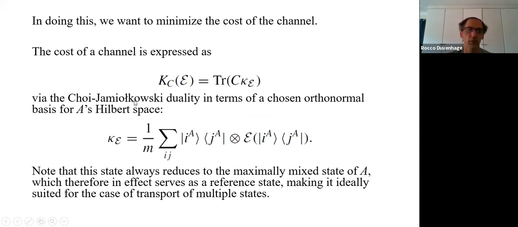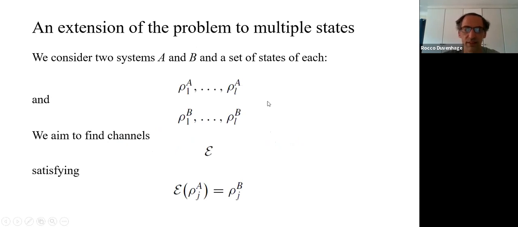The reason I'm using the Choi-Jamiołkowski duality is in part because the state always reduces to the maximally mixed state of A. To be more precise, this is a duality between channels from A to B and states of AB reducing to the maximally mixed state of A. So it's a specific case of the duality between states and channels, but it's convenient because this maximally mixed state essentially serves as a reference state, which is what makes it unambiguous that I have multiple initial states.